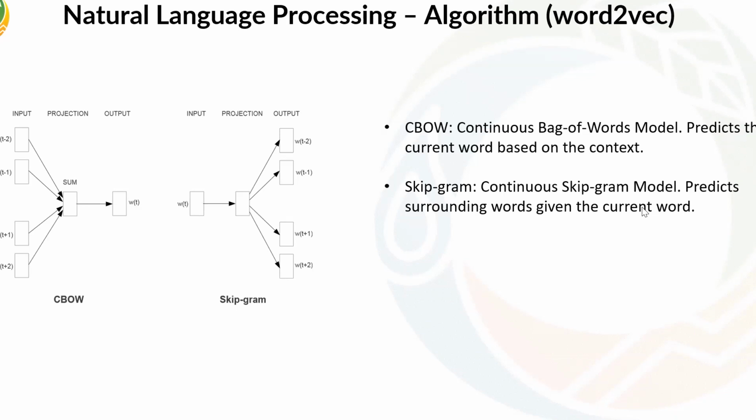It's kind of the opposite of the continuous bag of words model. It predicts the surrounding words given the current word. And then later, when I talk about network representation learning, we will see that this skipgram model architecture is used in network representation learning as well.